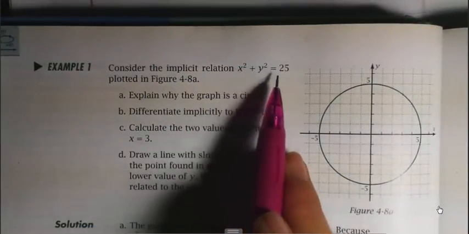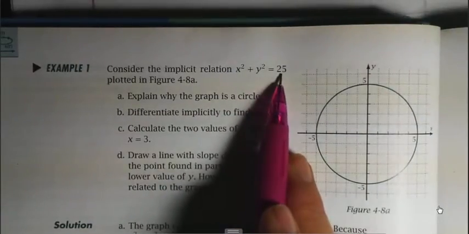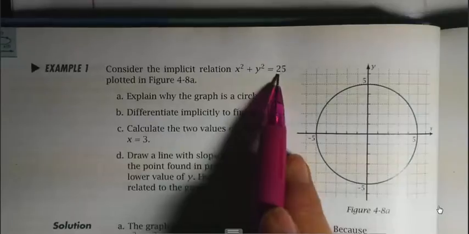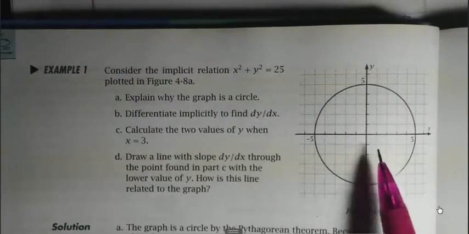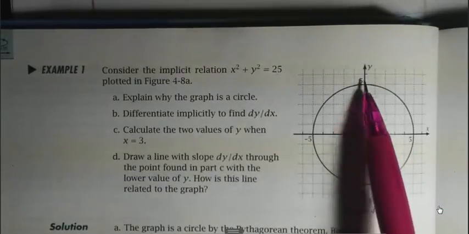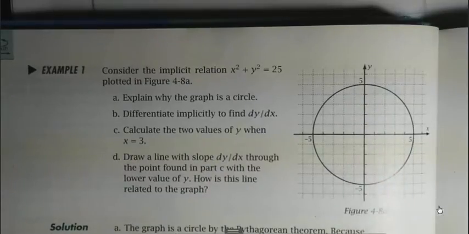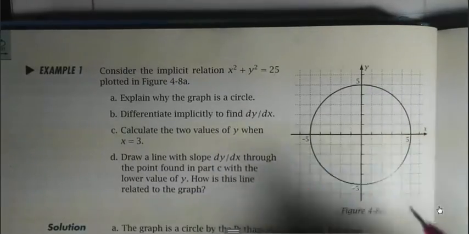If you don't remember, this is the equation of a circle where it's always equal to the radius squared. So that means the radius here is 5. If you look at the circle in the graph, you'll notice that, at least on my axes, from the origin I'm 5 spaces. Now, how could I figure out if every single point on this circle is 5 spaces from the center?